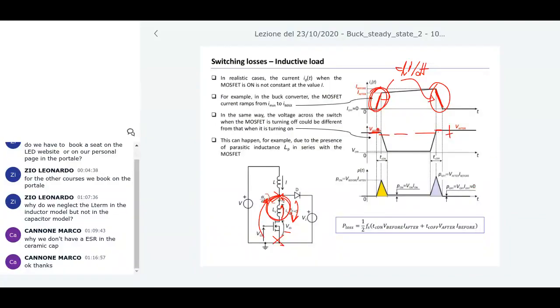Okay? So if you take as a more general situation the case in which you have different currents and different voltages, let's name this current I after, so the current after the turn on, I before, the current before the turn off, and V before in the opposite sign. So V before is the voltage before the turn on, and V after is the voltage after turn off.